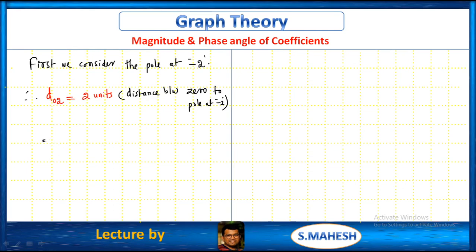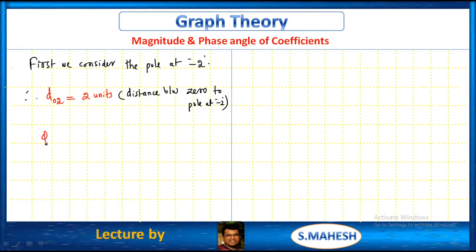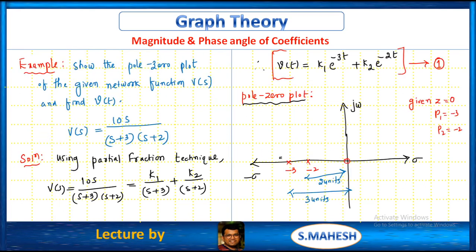And what about the phase angle? Phi 02 is what? We all know this is the coordinate plane. This is 0 degrees, this is 90, this is 180, this is 270 degrees. From here to here, phi 02 is 180 degrees.